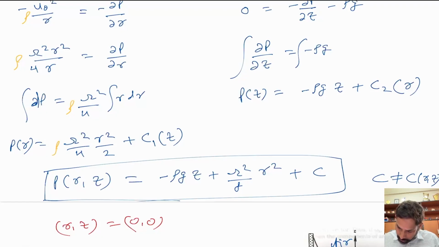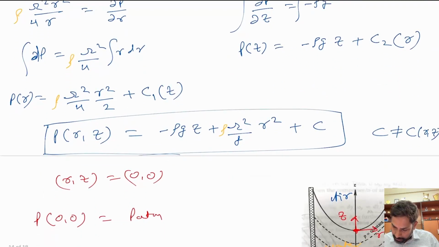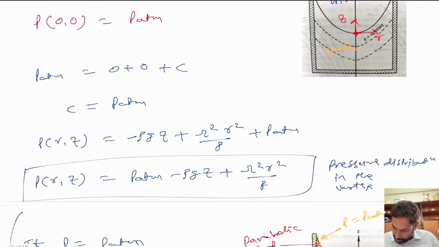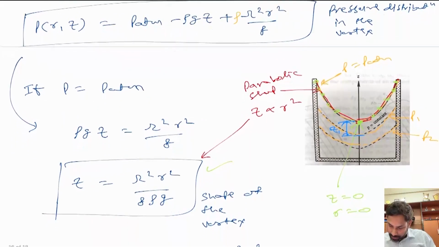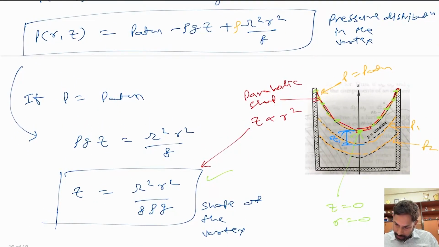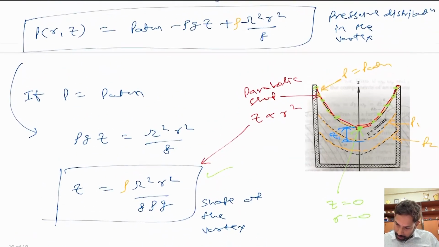All right, so there will be rho here, there will be rho here, there will be rho here. So rho should be multiplied at all places, and there will be a rho.